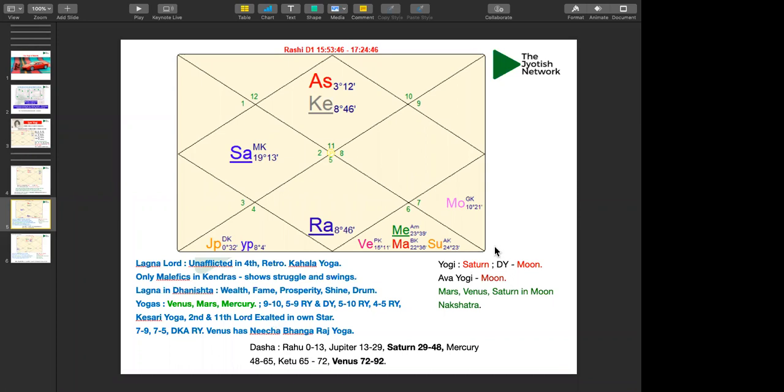Coming back here, we saw the yogi and the avayogi, and this gentleman runs the dasha sequence. Now, the dasha sequence becomes very important. It is Rahu till the age of 13, so that's the early teen years, early school. Rahu is giving the results of Sun, which is in the eighth house, configured in a Raj Yoga.